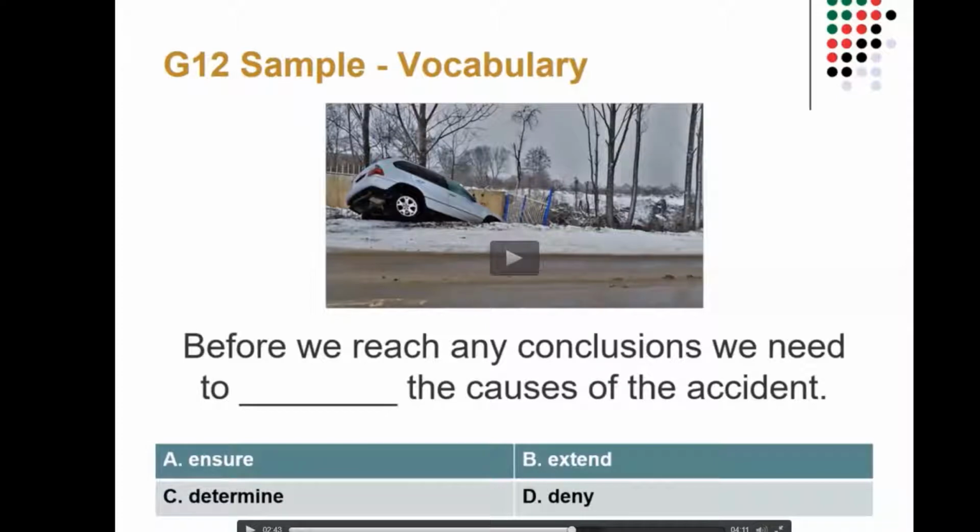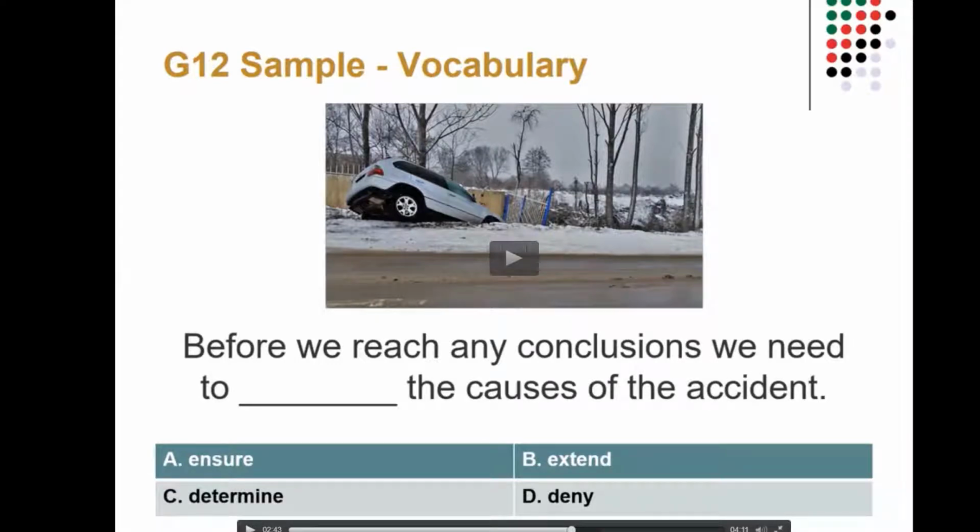Before we reach any conclusions, we need to the causes of the accident. Conclusions: we need to read again carefully. Okay, so you need to read again.